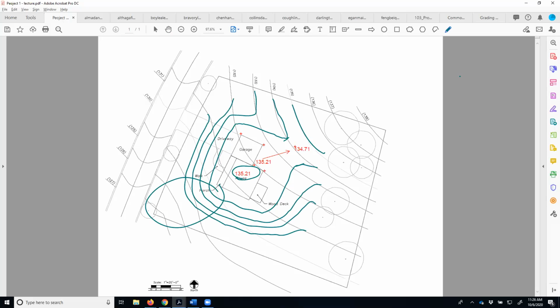Now we got to get this one here that's hidden around. And you can see I'm running into trouble. Eek, can't quite get there really. And down here. So what does that tell us? That tells us that our finished floor elevation is probably too high here. And that's why we're having trouble fitting these contours around the building.